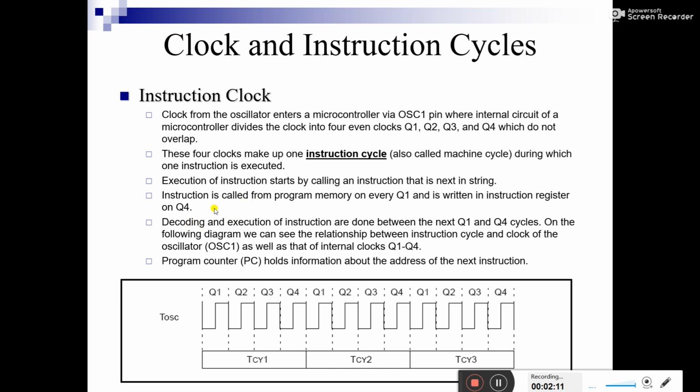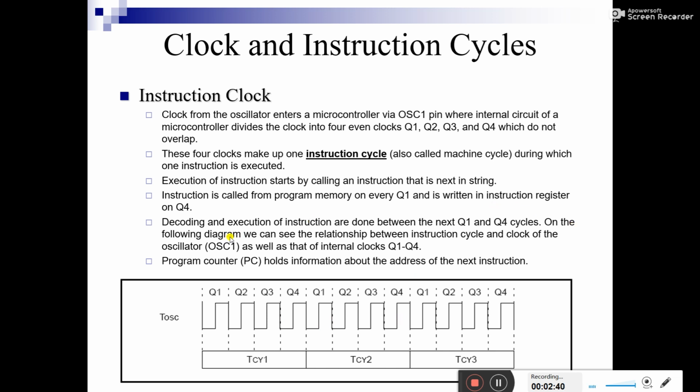After fetching this coded information, decoding takes place, and then execution of the instruction has to be done within the next Q4. So the first Q1 to Q4 is to fetch the instruction from the memory, and the next Q1 to Q4 is to decode and execute the instruction.